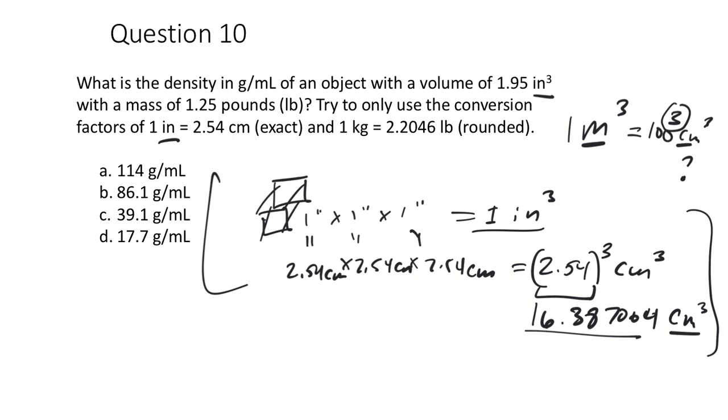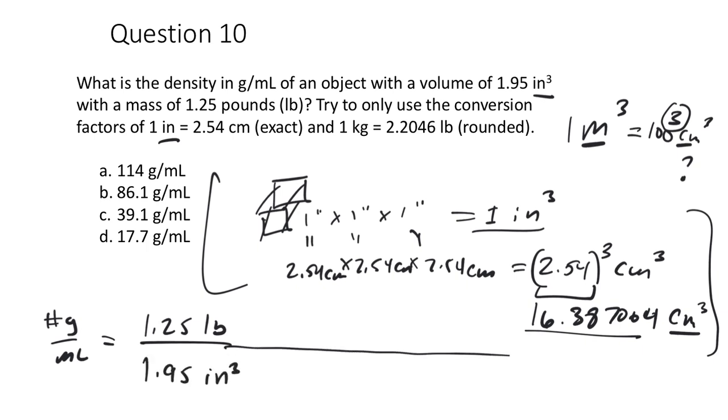So I'm going for grams per milliliter. And so we got 1.25 pounds per 1.95 cubic inch. And hopefully I can do the conversions for the pound into grams, or perhaps into kilograms and grams.